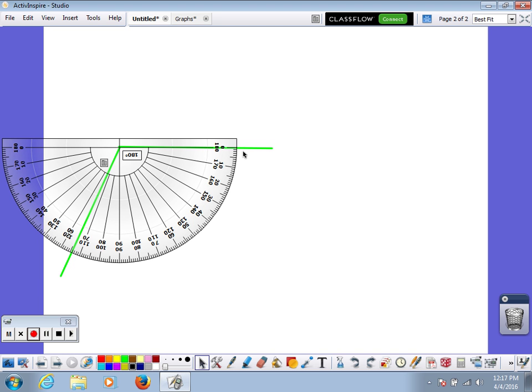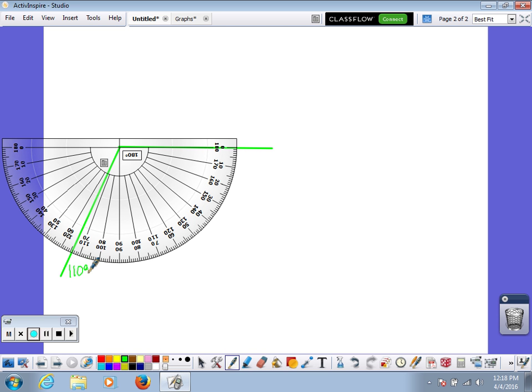Then you look along the outside and think about where the second line comes. Well, this second line shows up, for me, at right about 110 degrees. So this angle on my paper is 110 degrees. You can look at yours and measure what angle yours would be as well.